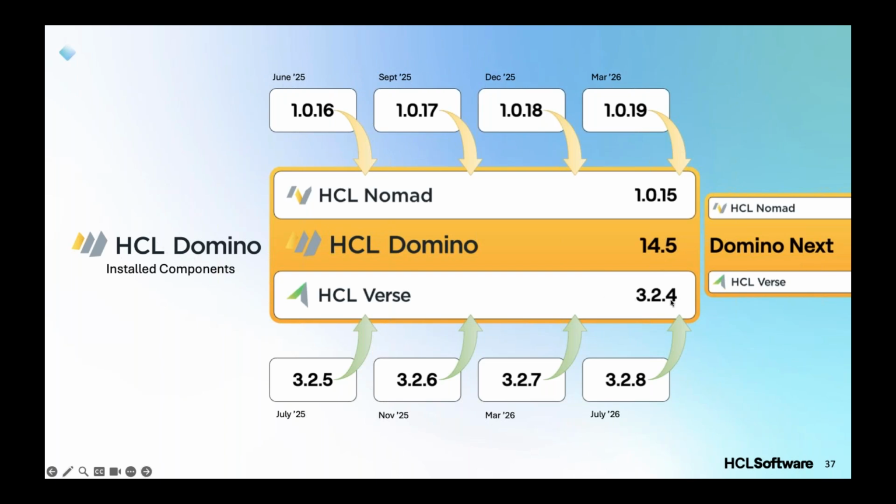This is the version that is coming out in March of this year. And since we have a continuous delivery cycle and we release every 4 months, this is the planned release roadmap for the succeeding versions of HCL Verse. So if you set up your 14.5 server, you will get HCL Verse installed by default. And for new releases, you will get the updates and you can upgrade to the most recent version.